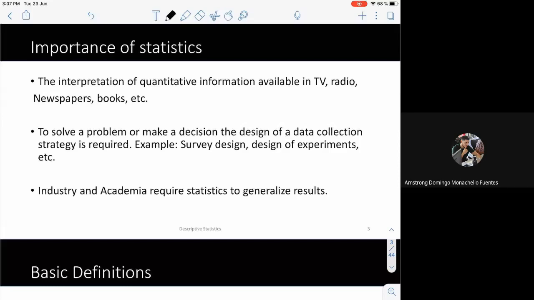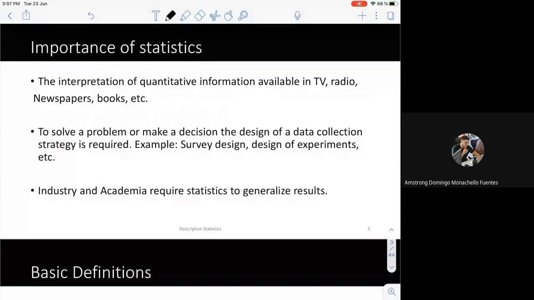In order to evaluate whether that material satisfies a specific standard, you need to perform some experiments, and in those cases statistics are required to make sure that the material indeed satisfies the required conditions.